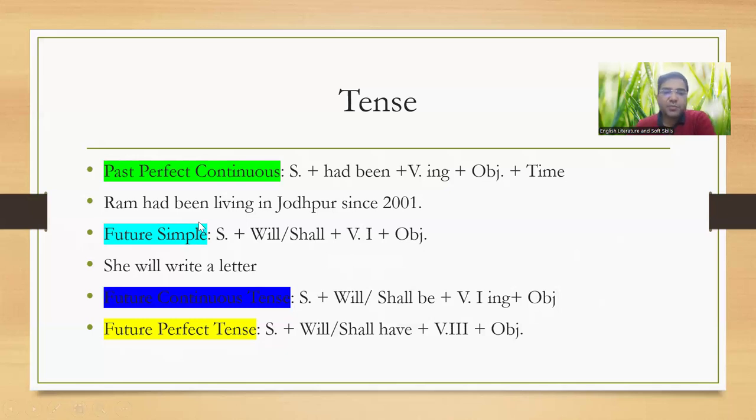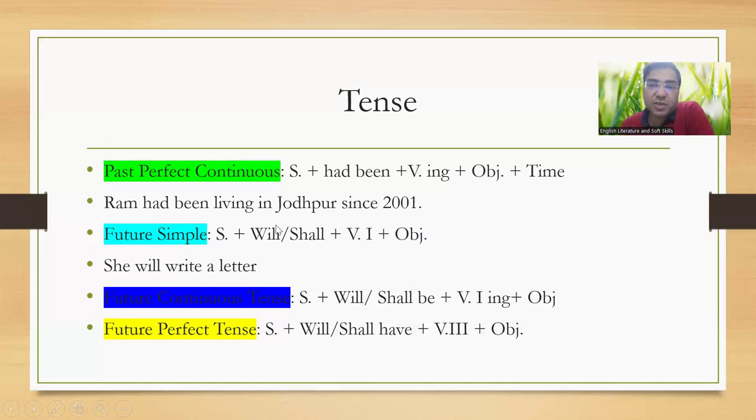Future simple tense. If you want to say something about future time, then you have to use future simple. The structure is subject plus will or shall plus verb first form plus object. Traditional English says that you have to use shall with I and we. With the other subjects, you have to use will.